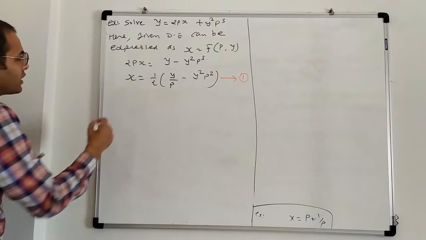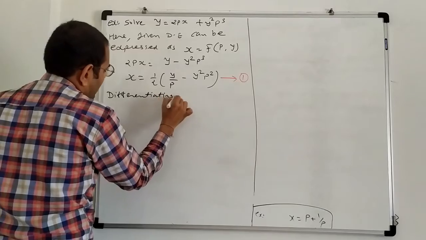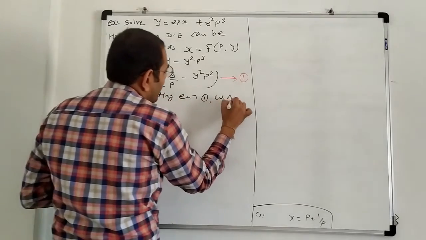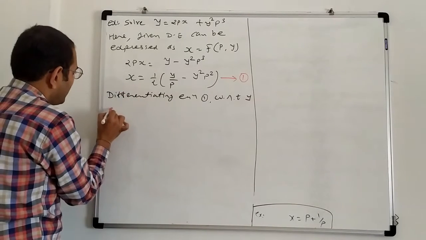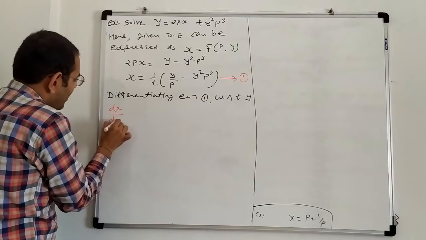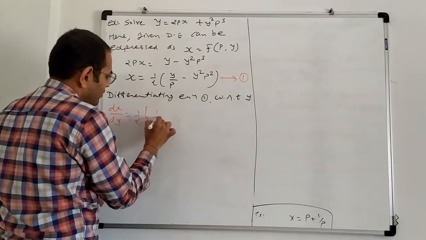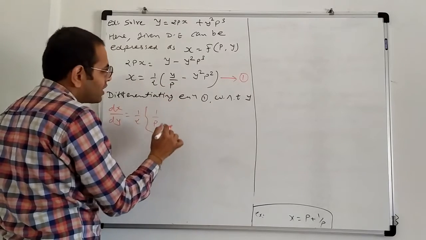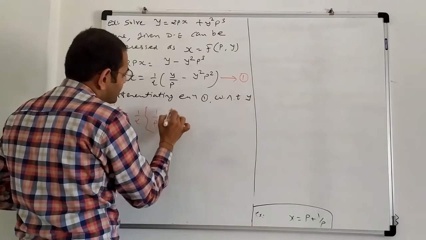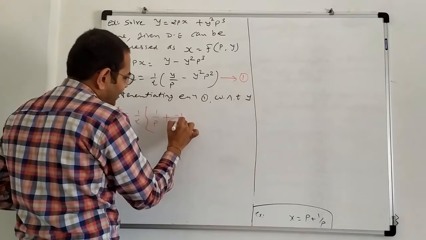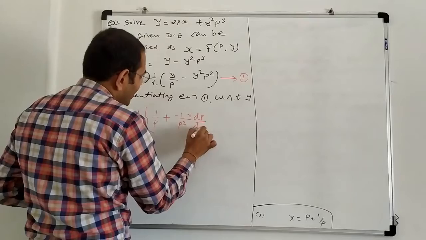Now differentiating equation number 1 with respect to y, we get dx by dy equal to 1 by 2, with the product rule, 1 by p as it is, plus the differentiation of 1 upon p, which is minus 1 upon p square into y dp by dy.